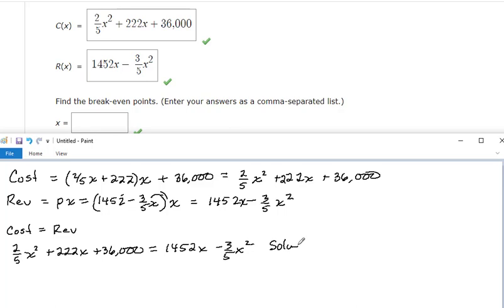And now I want to solve for that. Since I've got quadratics, I want to set it equal to 0, so I will add the 3/5 x squared to both sides, and then subtract 1452x.